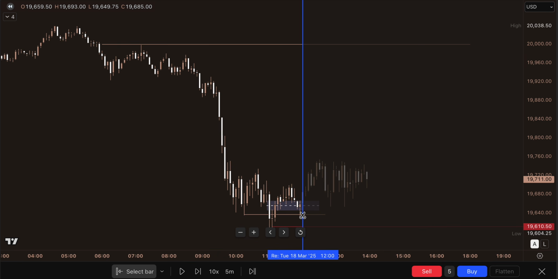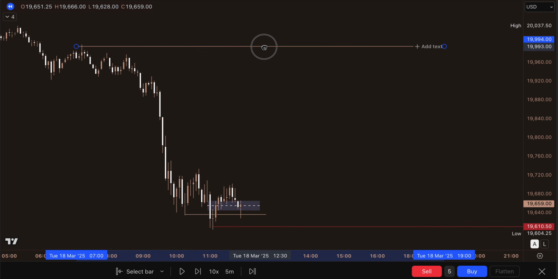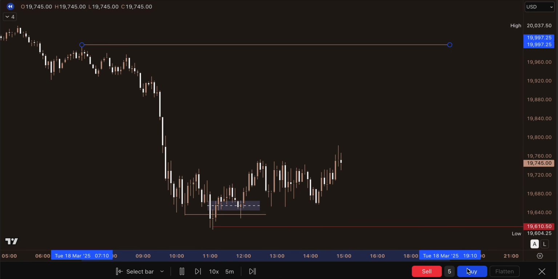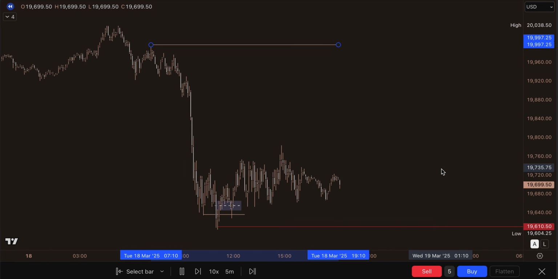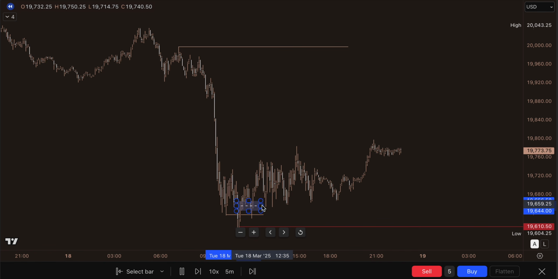As you can see, we enter and we take price to our anticipated draw on liquidity, which is right here, which are our resting orders above, right? And we can play it. And as you can see, price is going up, and we'll eventually go to our draw on liquidity, as I can confidently believe.